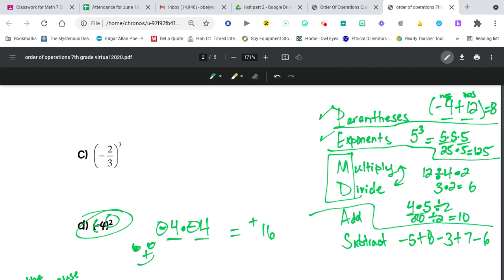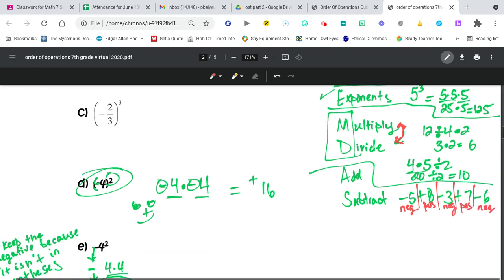So I've taught you this way. I didn't teach you to go from left to right. You only do that on multiplication or division. When I say left to right, you do the one that comes first, okay? I just want you to continue to do what I taught you on adding and subtracting.